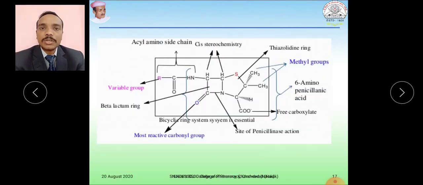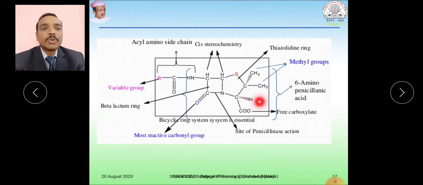So this is all about the SAR of penicillin. We have seen from 1 position to the 7 position. So this is a summary of what we have seen just now. This is the site of enzyme action on the beta lactam ring, which is broken down.